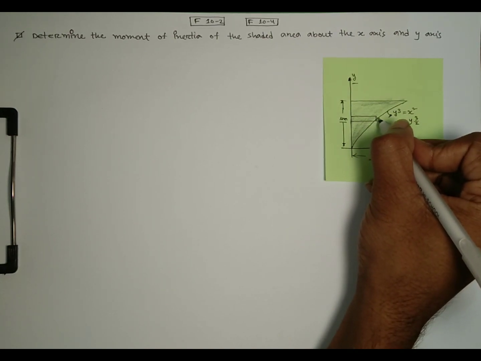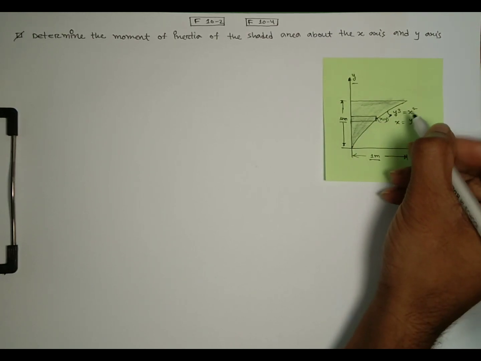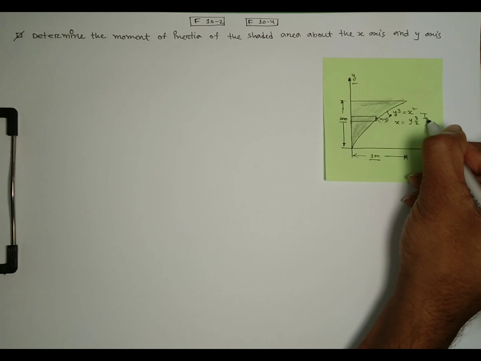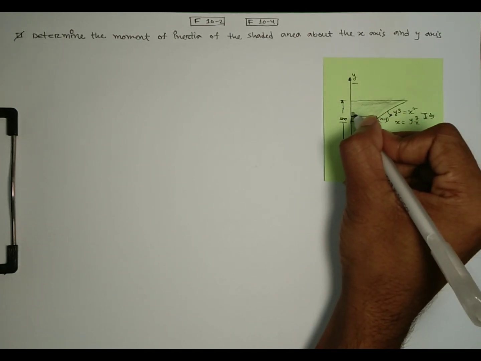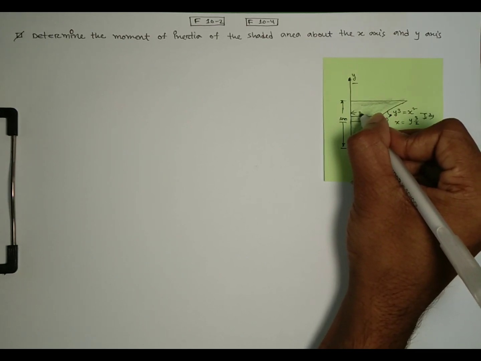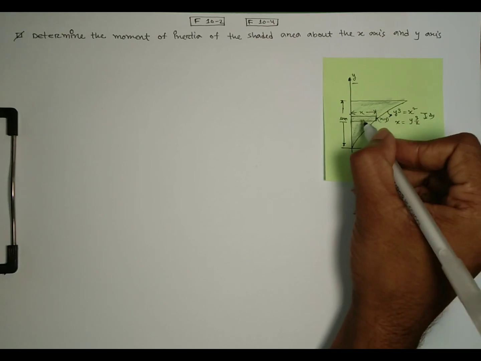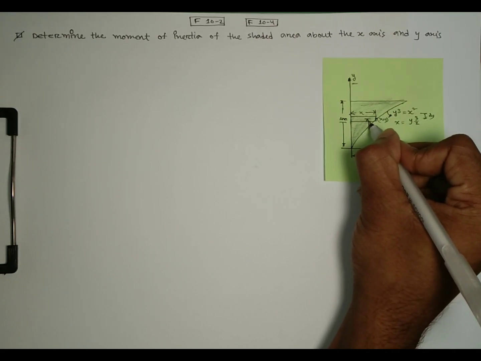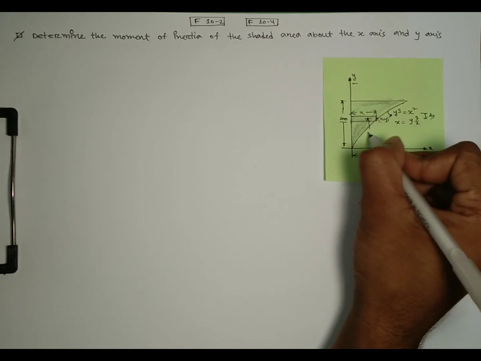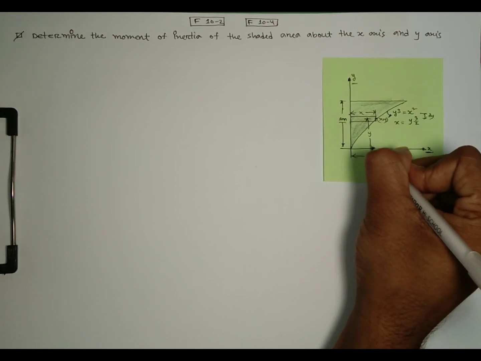The coordinate of this point is x, y, and the vertical height of this small strip is dy. The horizontal distance will be x from the y-axis to this point, and the vertical distance from this section to the x-axis is y.